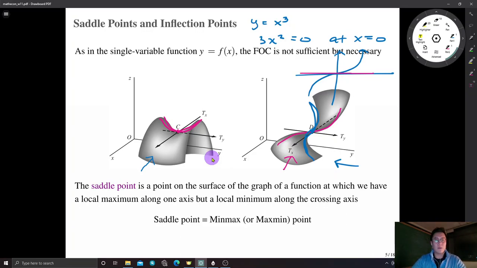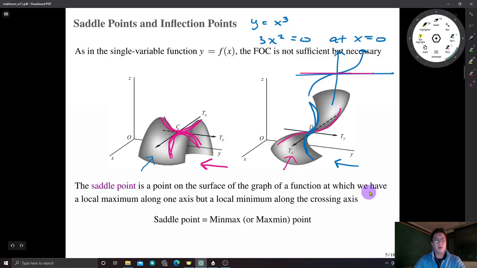But from this angle, if you project this graph on the zx plane, it is now overturned. It has an upside down U shape. So at point C, the function achieves a global maximum. So one salient feature of the saddle point is this.